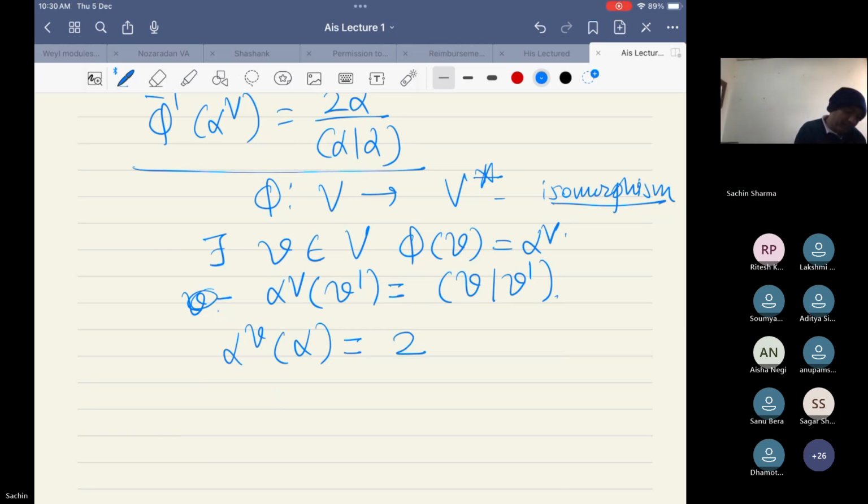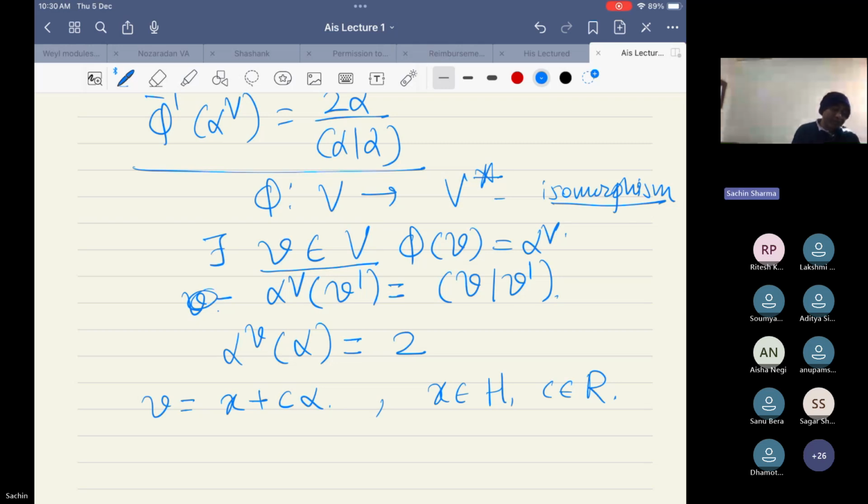So every vector V, a unique vector V, you can write uniquely as X plus C alpha, where X belongs to the hyperplane and C is some scalar belonging to R. Okay, this is a unique decomposition.